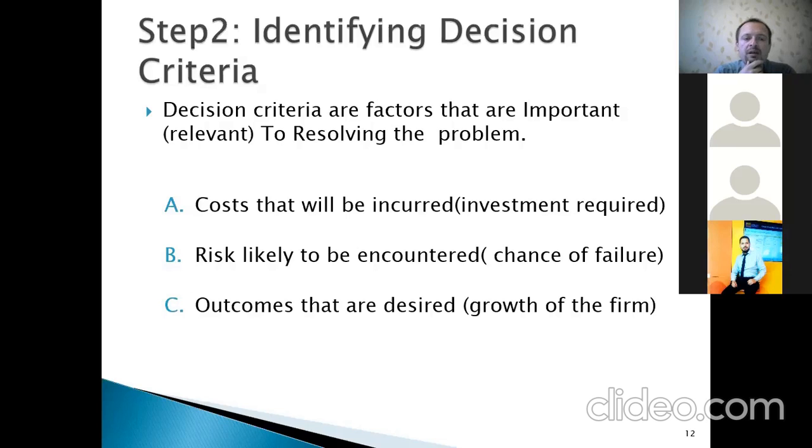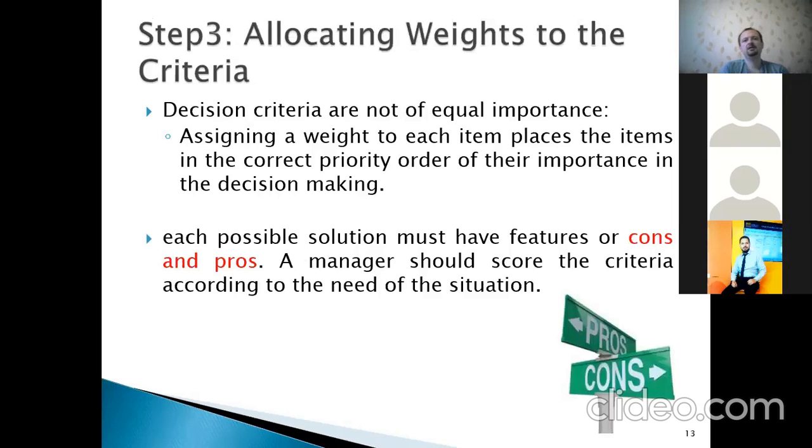Also, you will evaluate the outcomes of every decision, of every alternative, but the weight of the second and the third criteria will be much smaller compared with the first one. It means that every criteria must be weighted.